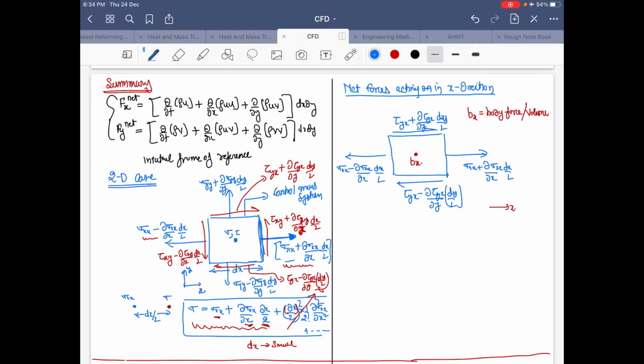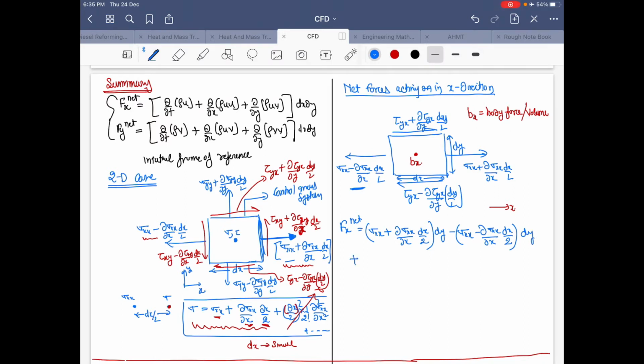Now I will find the net force Fx net equal to, and this is my dy and this is my dx. So sigma xx plus del sigma xx by del x dx by 2 into dy, minus this component of force, sigma xx minus del sigma xx by del x dx by 2 into dy.